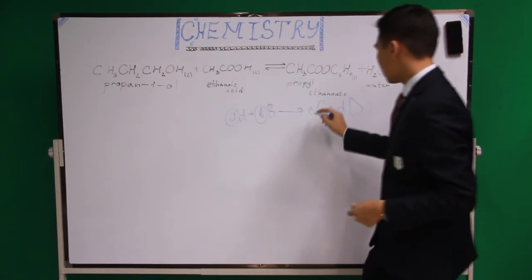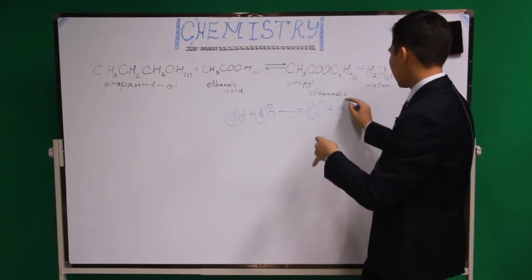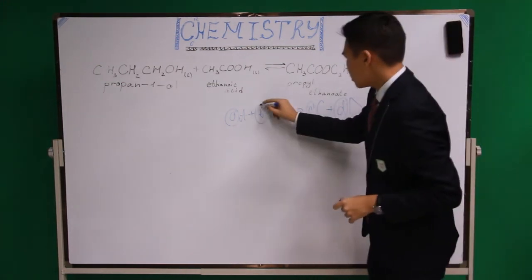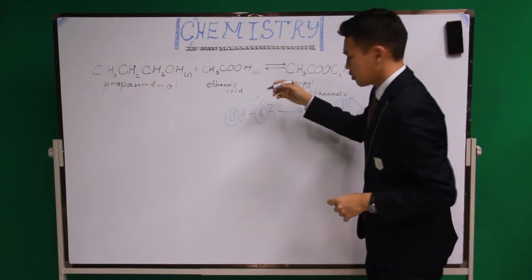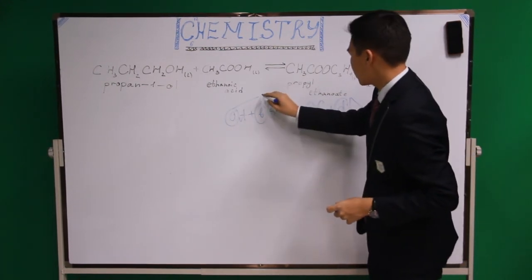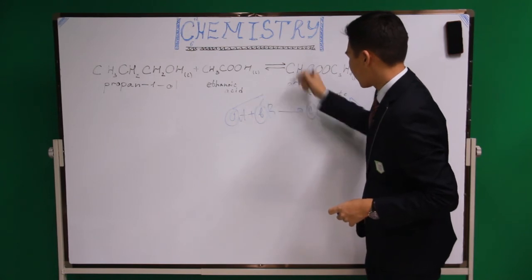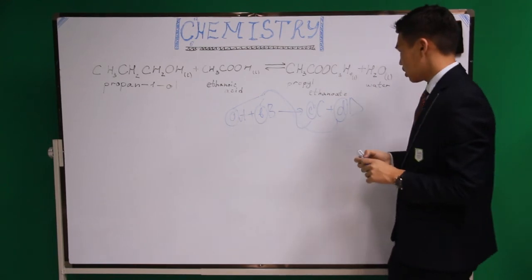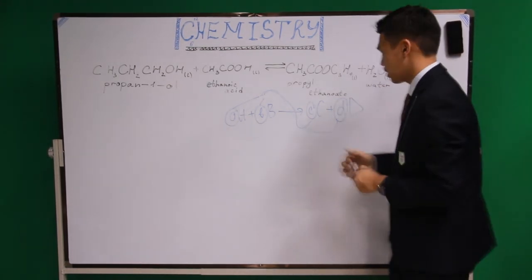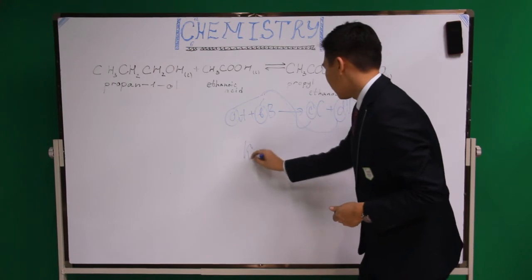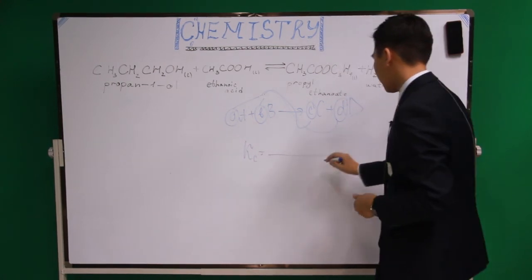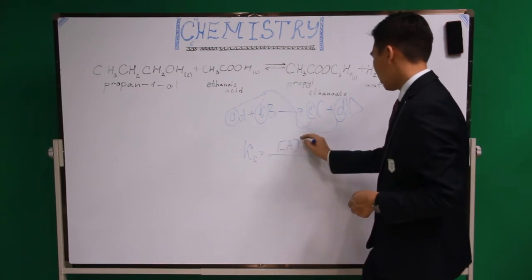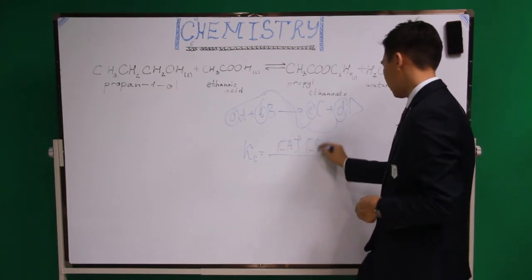The little letters a, b, c, and d are coefficients of the reactants and products, and the Kc value will be described as [C] to the power of c times [D] to the power of d, divided by [A] to the power of a times [B] to the power of b.